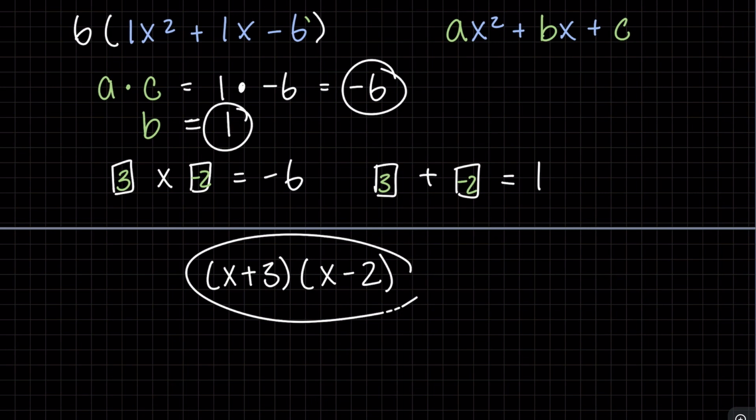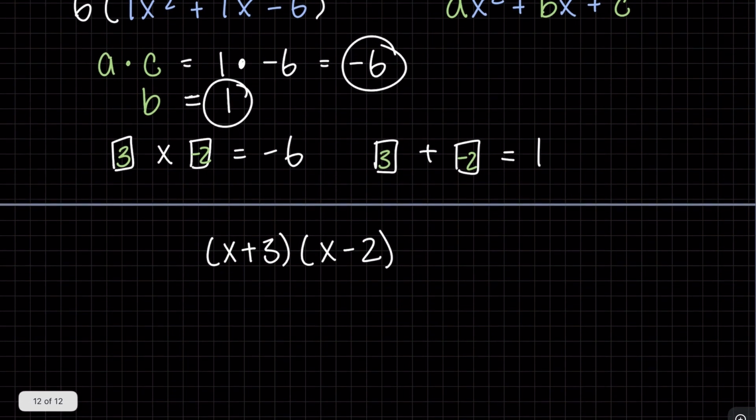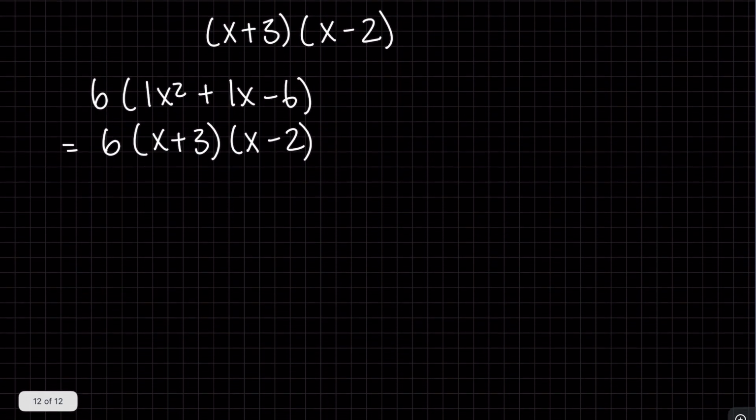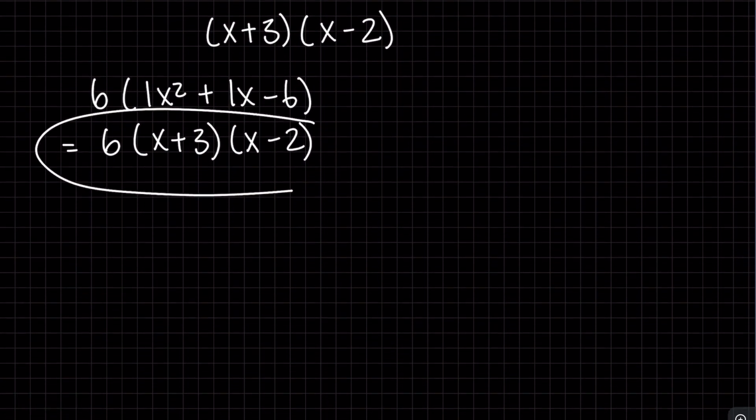So I'm just going to rewrite this. Instead of 6 times 1x squared plus 1x minus 6, I'm going to replace this with this. So I get 6 times x plus 3 times x minus 2. And this right here is my factored form of the equation.